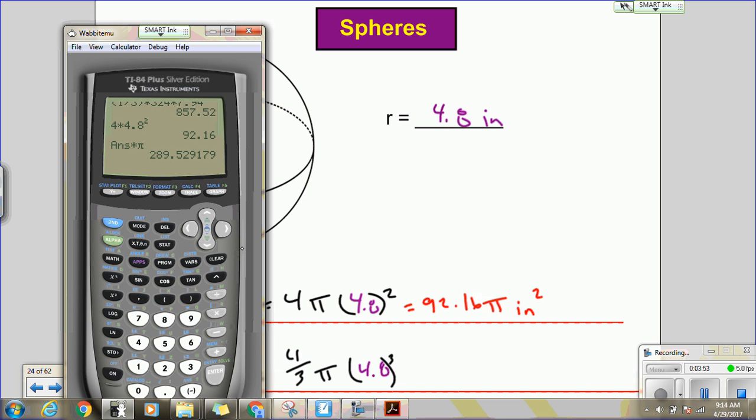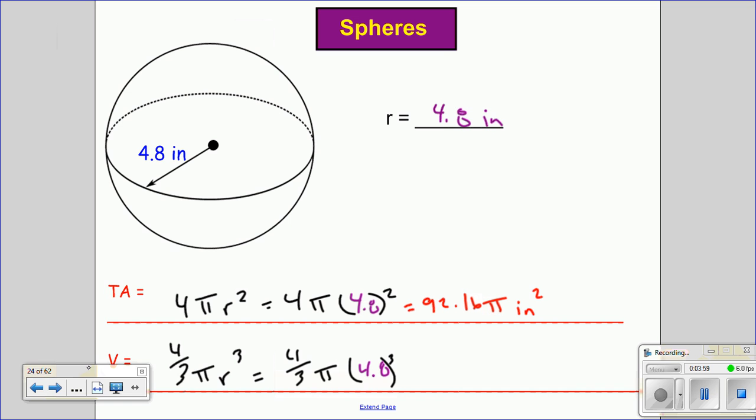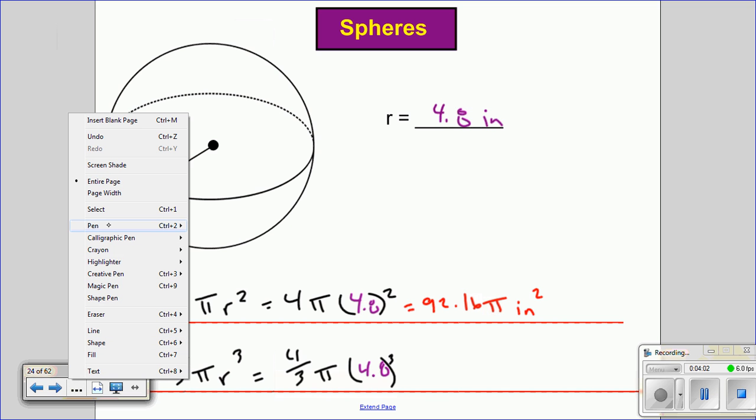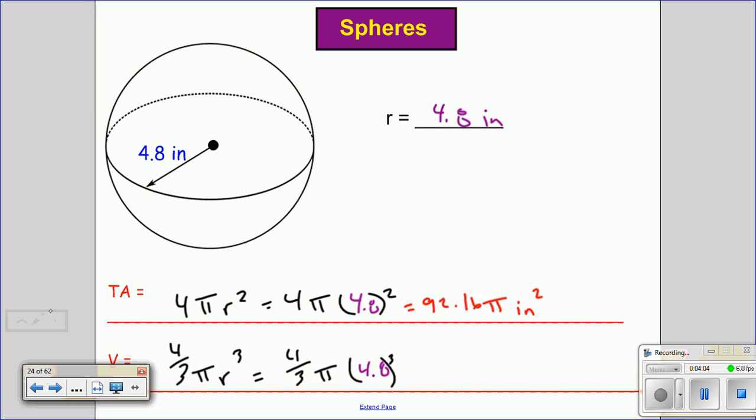And I get approximately 289.5. Okay, so the red is the exact answer, leaving in terms of pi, and then the green is the approximated answer rounded to the tenths.